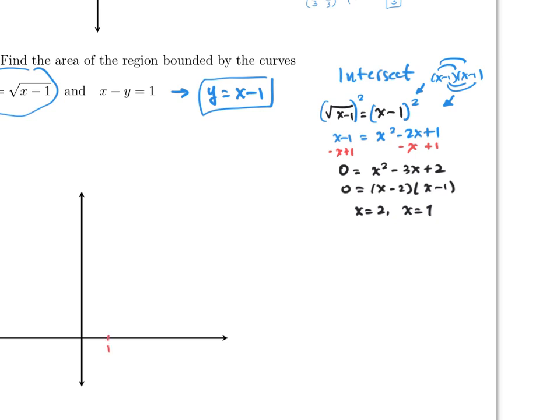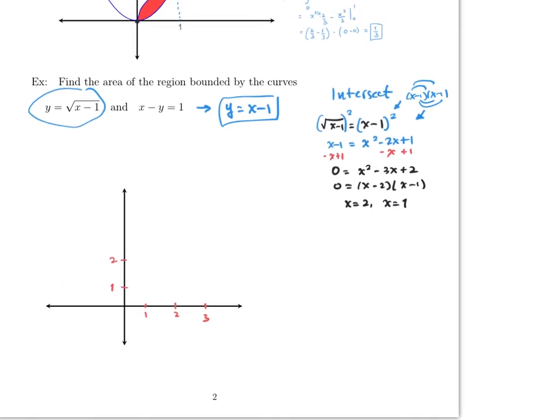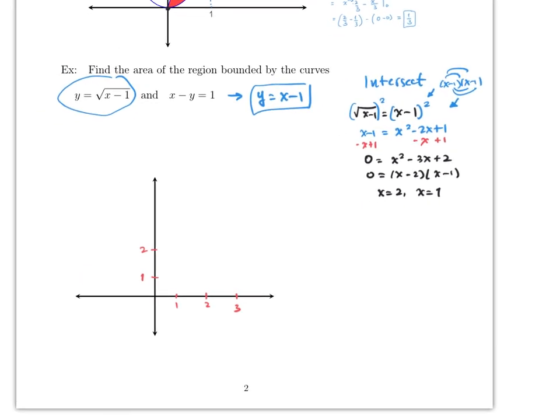So you have, let's say, 1, 2, 3. Let's say this is 1, this is 2. So we already know they're going to intersect at the points 1 and 2. So next, let's do the graphs. This is just a line.